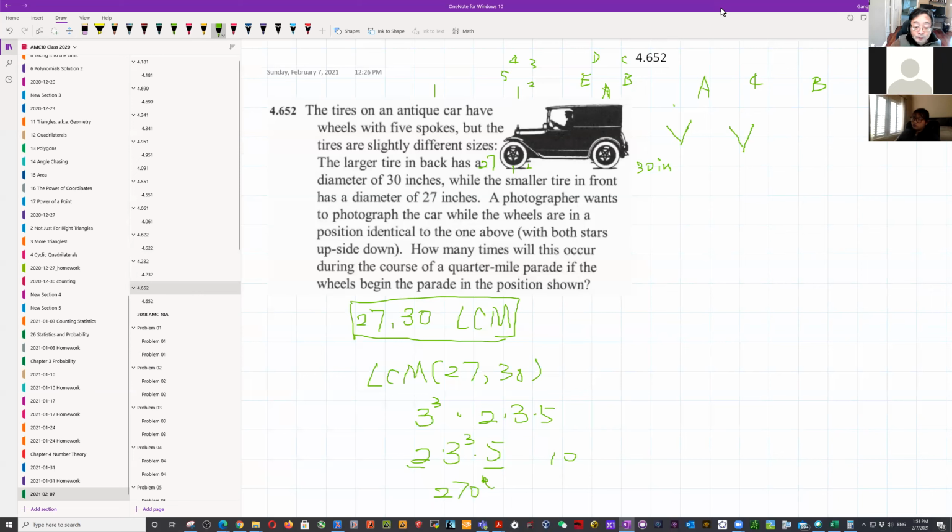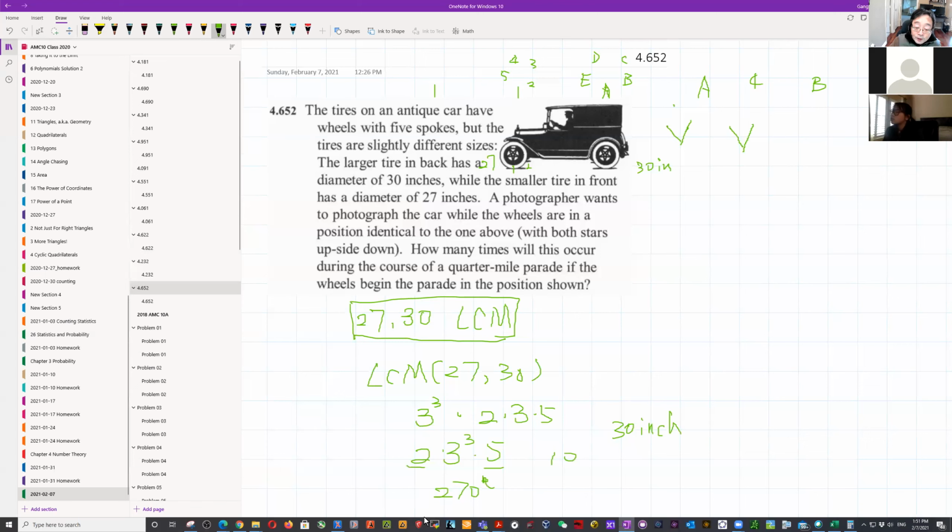So 270 is their LCM. 270 is 10 times 27, and also it's 9 times 30. So basically, if the diameter is 30 inches.